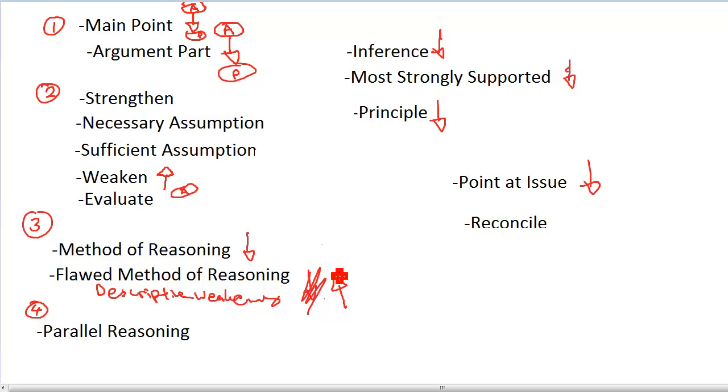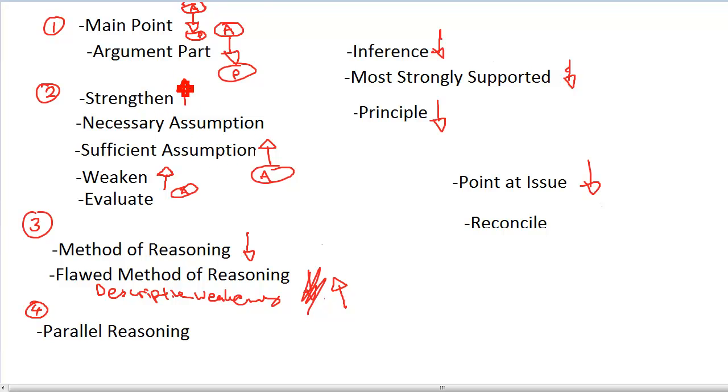Because even though technically it's describing the flaw, I think the way your mind is really thinking about how it works is that if I accept the stuff below, is it actually hurting the argument above? So that's why you want to push it up this way. A sufficient assumption also pushes up because you accept the correct answer choice below and then see if it actually makes the argument above valid. Strengthening is, of course, the same way.